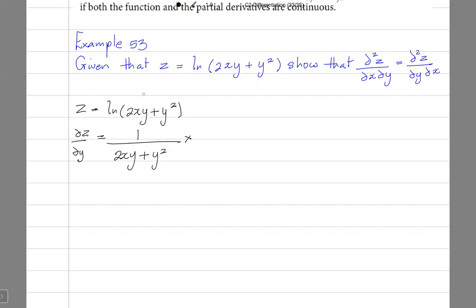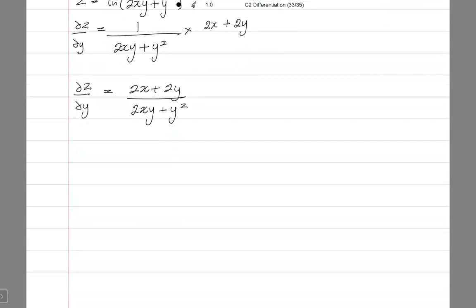Differentiating 2xy partially with respect to y, I get 2x. Differentiating y² partially with respect to y, I get 2y. So ∂z/∂y is equal to (2x + 2y) over (2xy + y²).